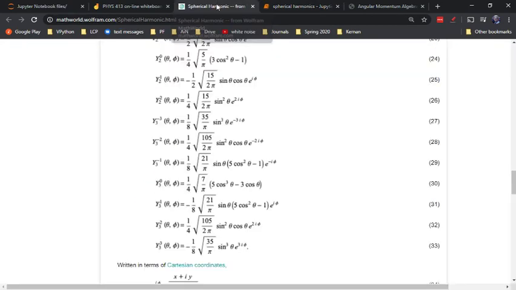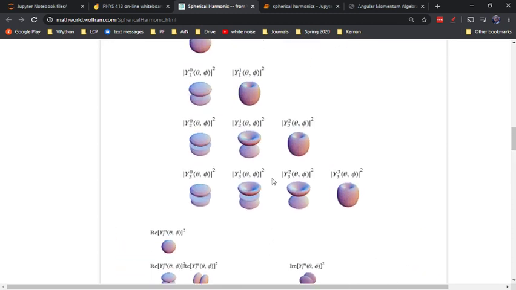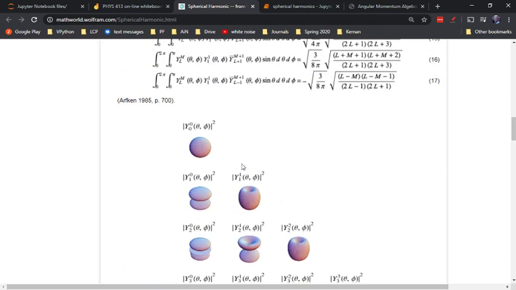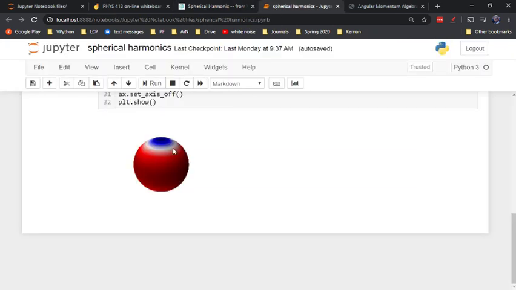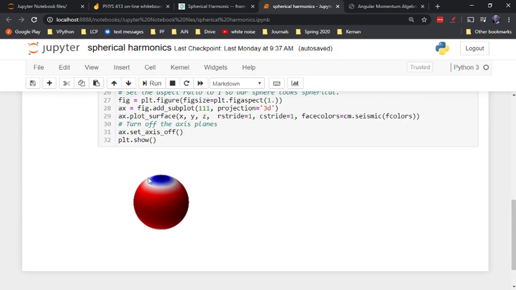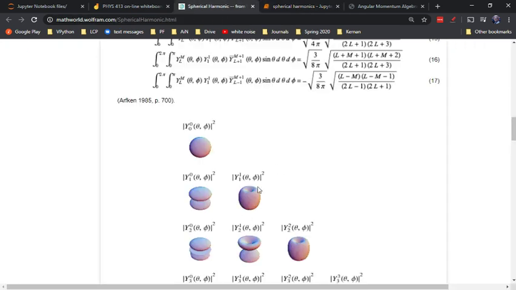So let's go back over here to remind ourselves what that looks like on Wolfram Alpha. So 1, -1, it's the same thing as 1, 1 in terms of the modulus. It's this little apple-shaped thing, so it goes out far in the middle, and then it caves in at the top and bottom. Well, same thing over here. You've got a higher value on the outside and a lower value at the top and the bottom. The only difference is this one is showing it to you in terms of color instead of the dumbbell setup, right?